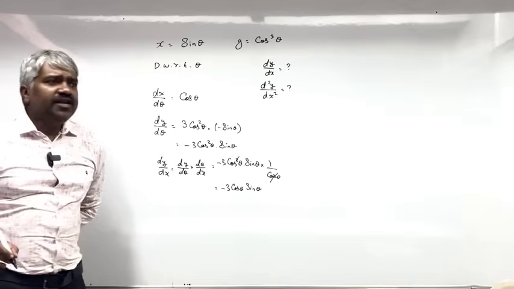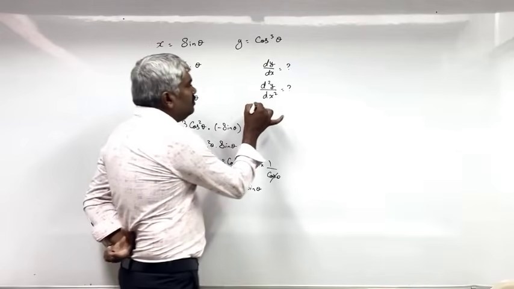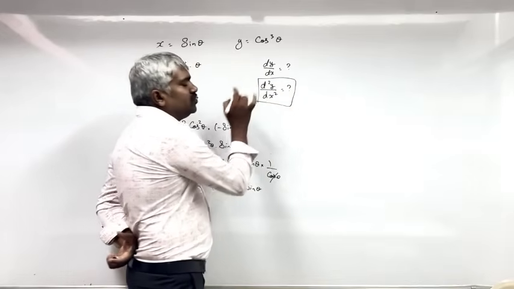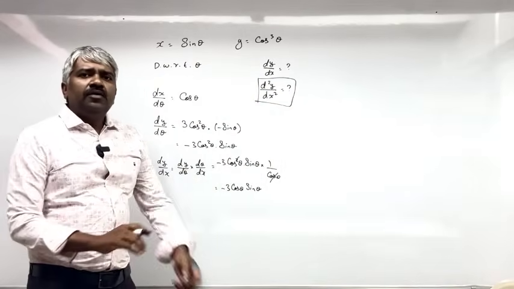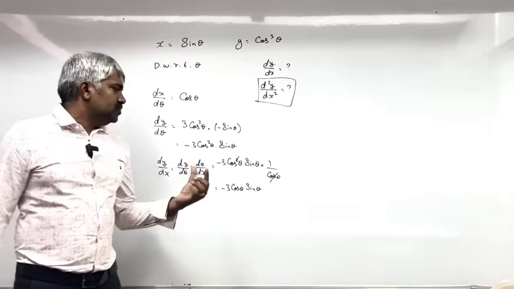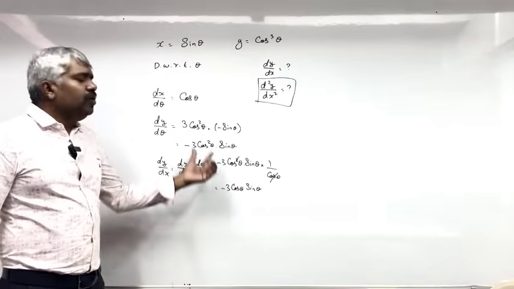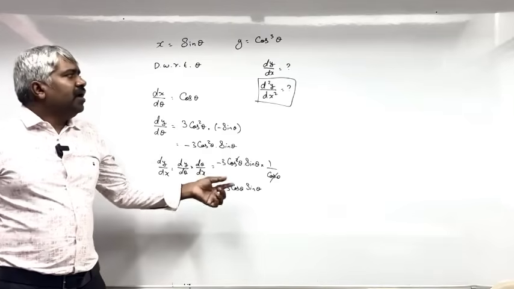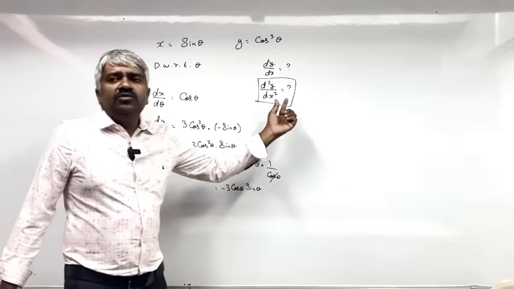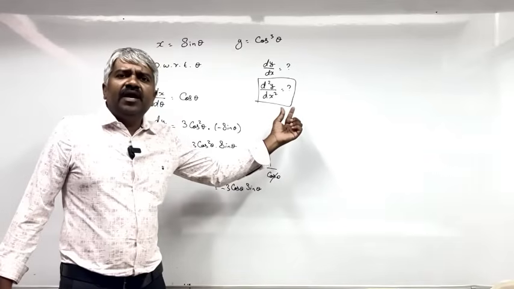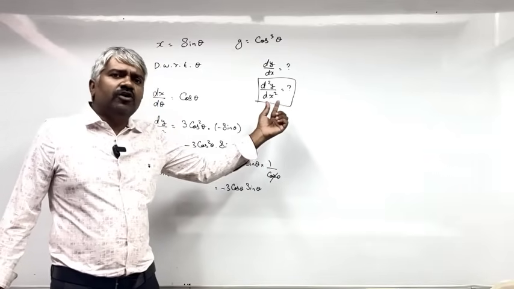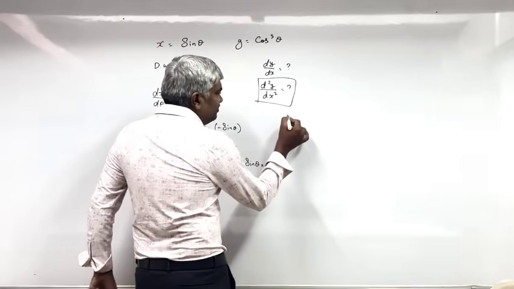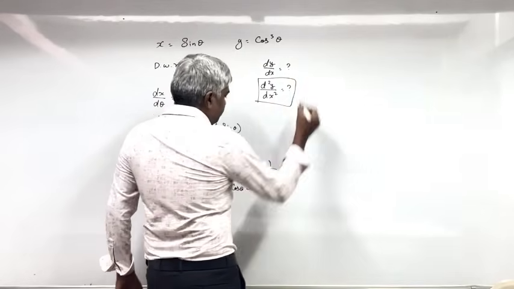Now I need to find the term d square y by dx square. See, most of the students will be able to do this step perfectly. But while coming to this step, they make silly mistakes or errors. So understand this very carefully.